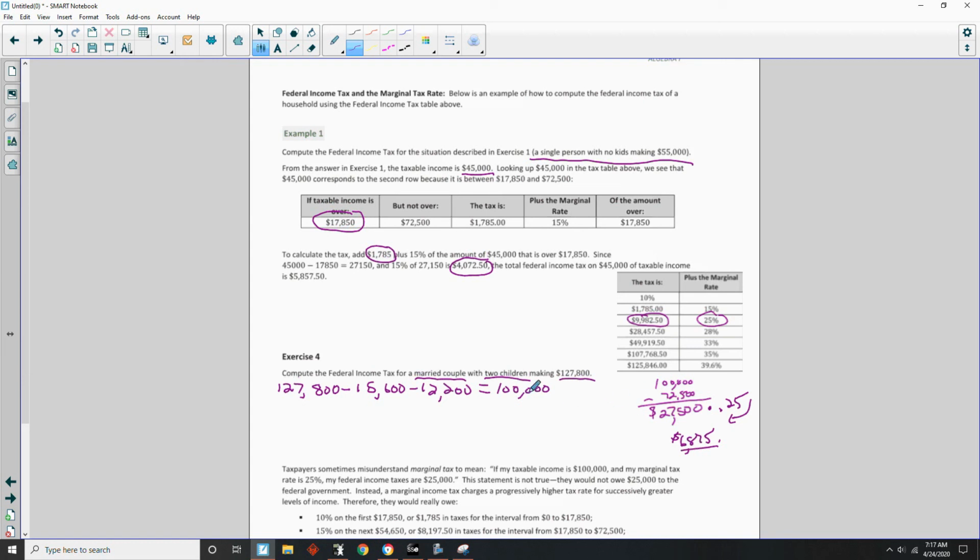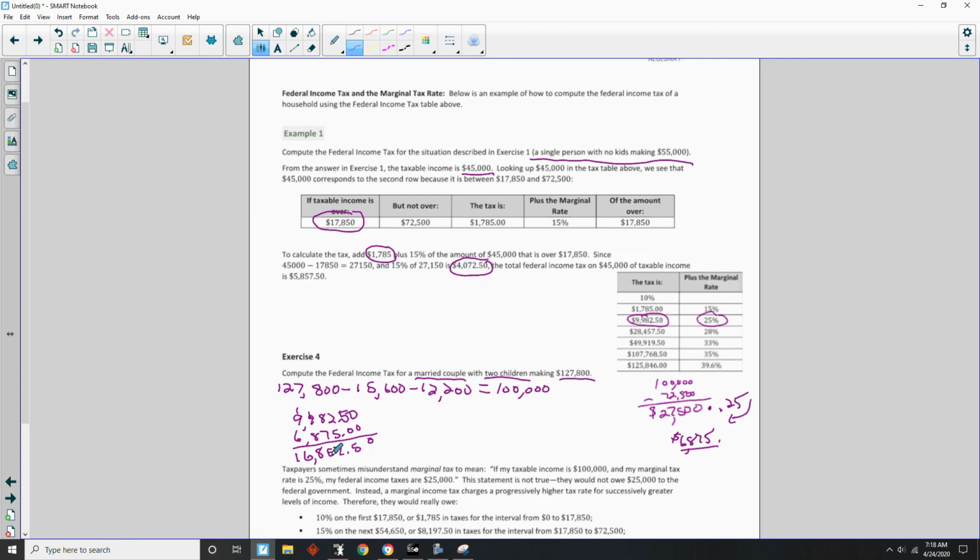Okay, so we're going to take 9,982.50 and add 6,875 to it. And that is going to give us 0, 5, 7, 15, 9 and 8 is 17, 18, carry the 1, 9 and 6 is 15, plus 1 is 16.